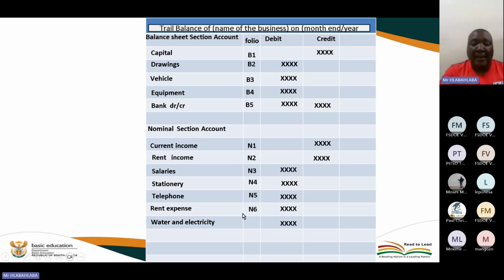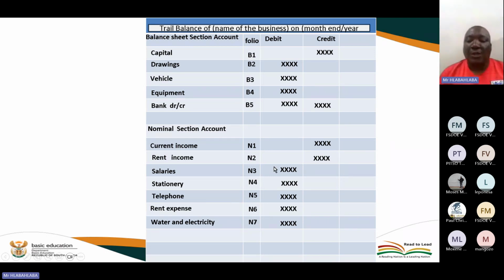It does not mean that if rent income came after telephone, it will always be after telephone. No, it does not mean that. Just remember that, learners. Water and electricity, N7. You will sometimes find that salaries is the one that ends the trial balance, at the bottom. Then it simply means that it is N7.